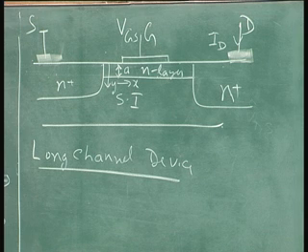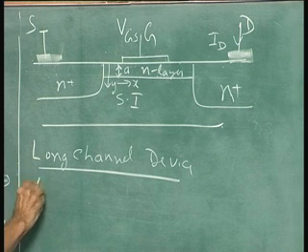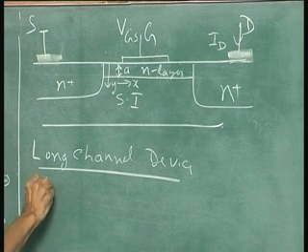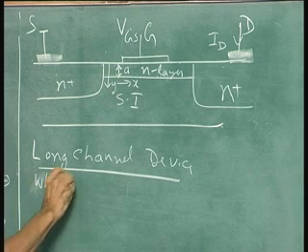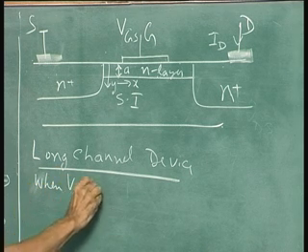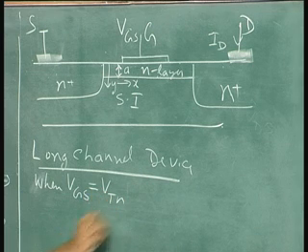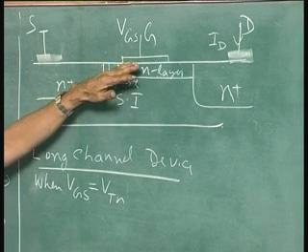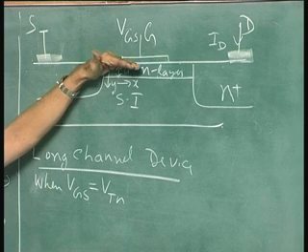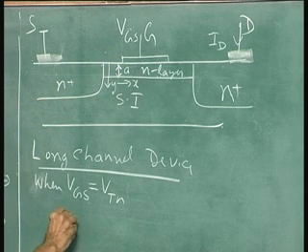What we want to do is, at pinch off or when VGS is equal to VTN, for both case, whether enhancement or depletion type, when VGS is equal to VTN, if you take the depletion layer, how will that be?